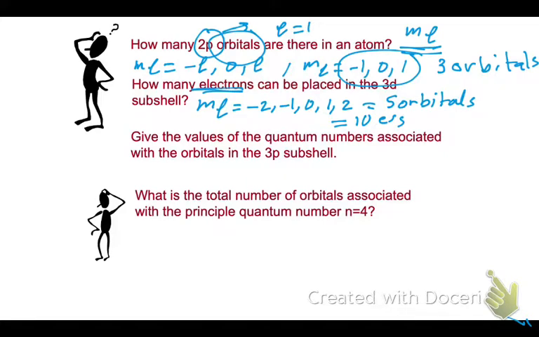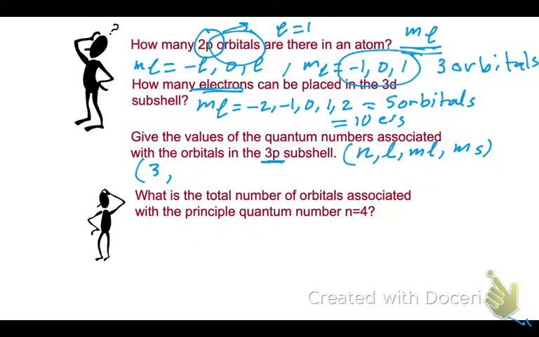Give the values of the quantum numbers associated with the orbitals in a 3p subshell. So what are the quantum numbers? I have n, l, ml, and ms. For n, it's a 3.